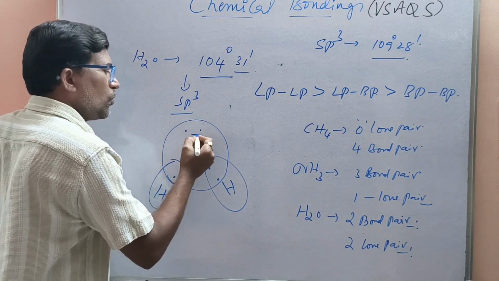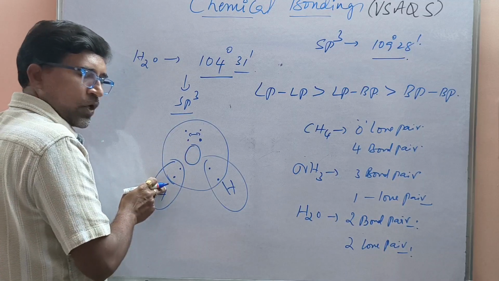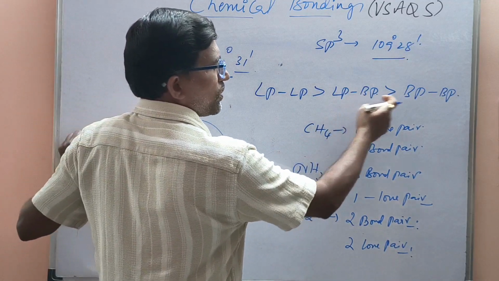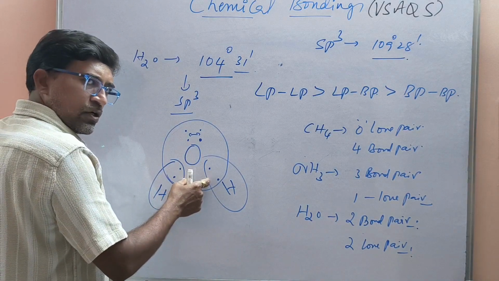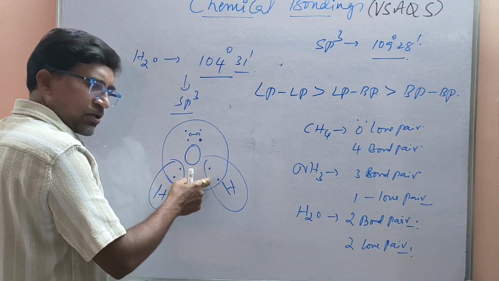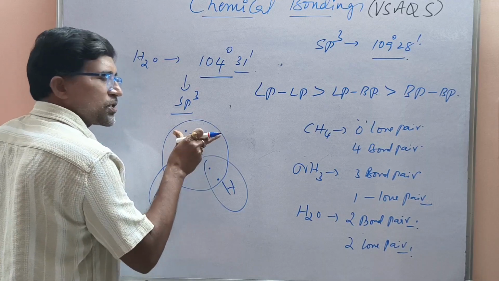As we know, lone pair-lone pair repulsion is more than lone pair-bond pair repulsion, and lone pair-bond pair repulsion is more than bond pair-bond pair repulsion. So between these 2 bond pairs, very negligible repulsion forces are acting, whereas between these 2 lone pairs, more repulsion is there.